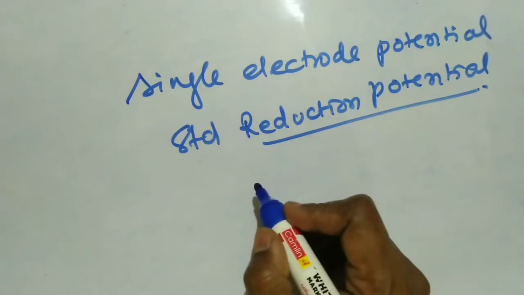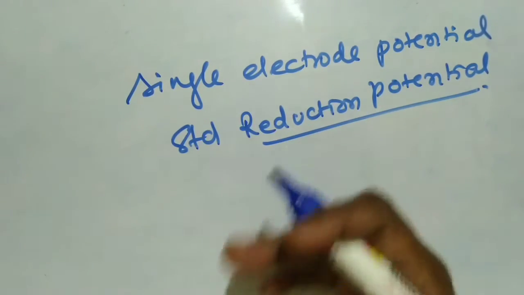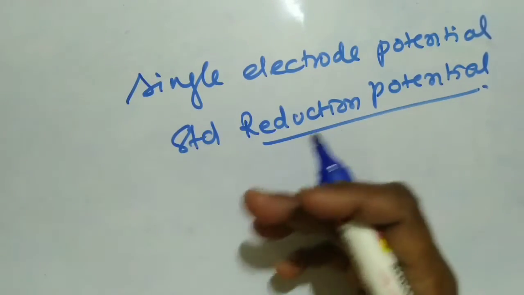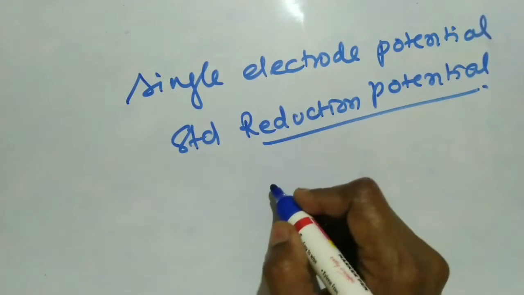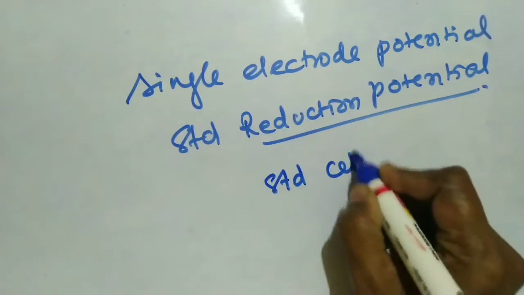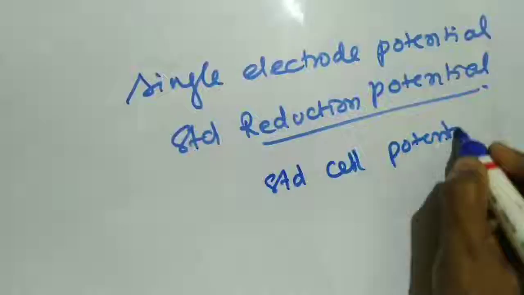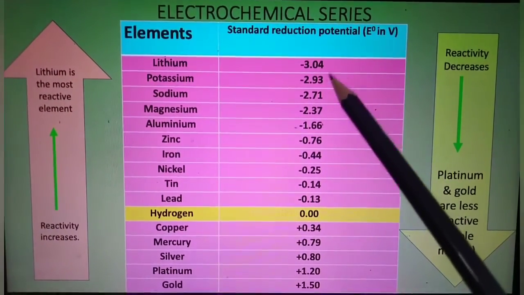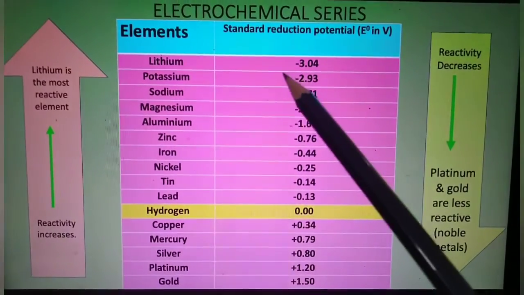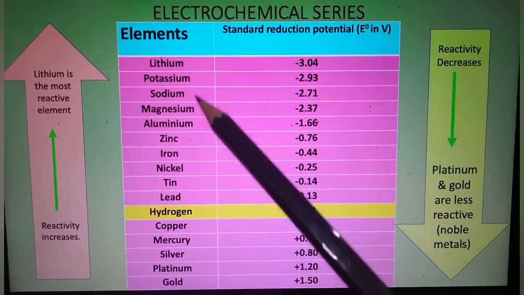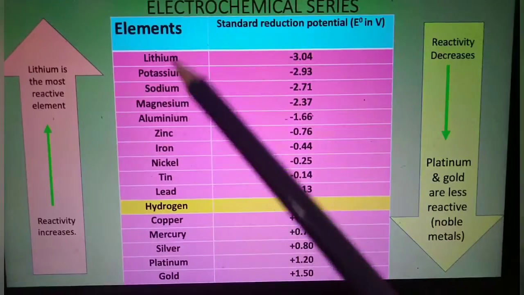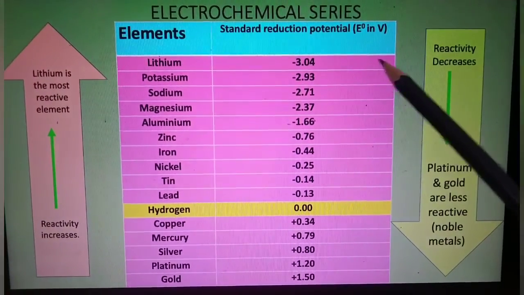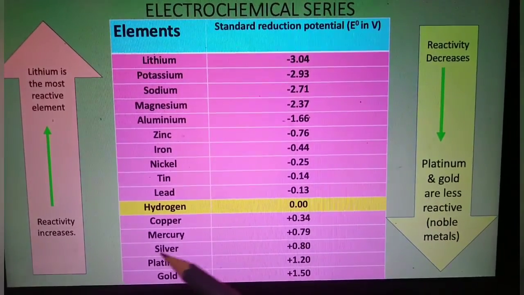From that series we can find the reduction potential of any type of electrode, and from the electrodes we can find the standard cell potential. Have a look at this electrochemical series, where the elements are arranged as per their standard reduction potential. Lithium has the lowest standard reduction potential and is the most reactive, whereas gold and platinum are less reactive and known as noble metals.